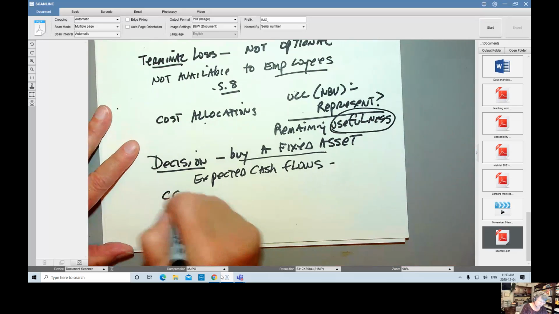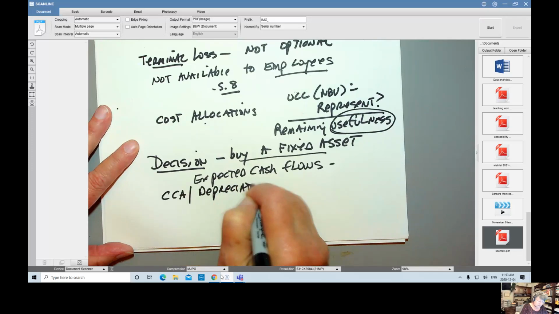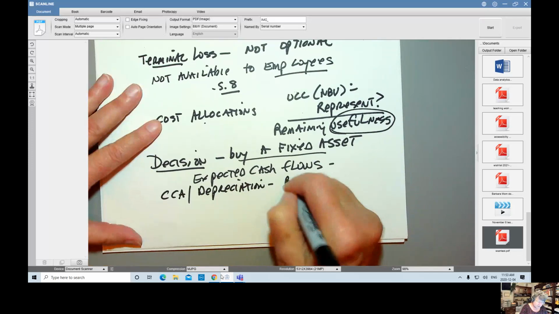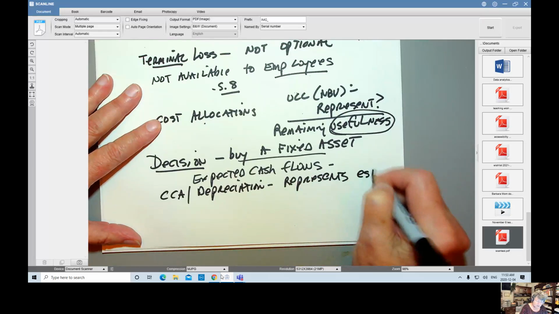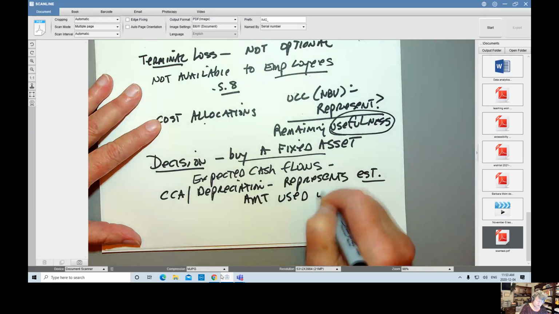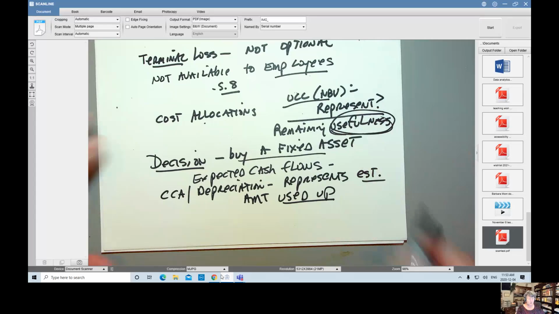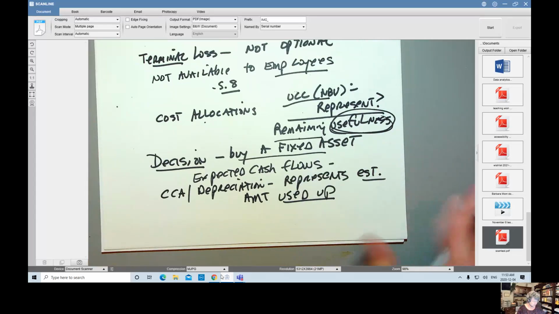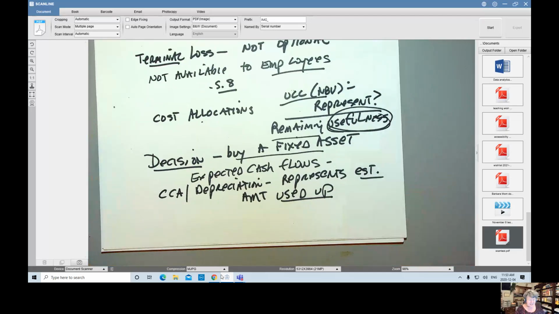So what does CCA or accounting depreciation represent? It represents the estimated amount used up. And as a result, UCC or net book value is the estimate of remaining usefulness. I keep coming back to this partially because I see it misstated so often.